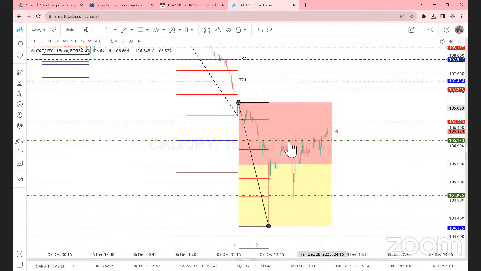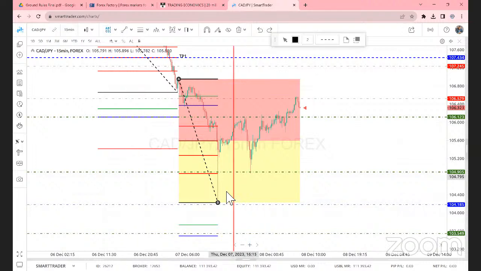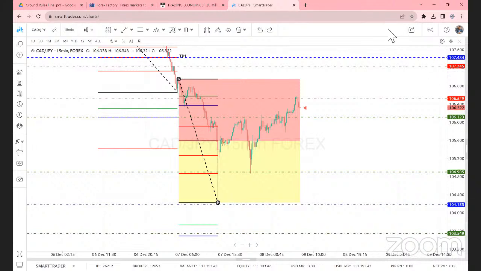And then we got the U-turn going on now. That's pretty high in the zone. Joy, you say you got long at 105.36. So let me look at that on the 15. 105.36.